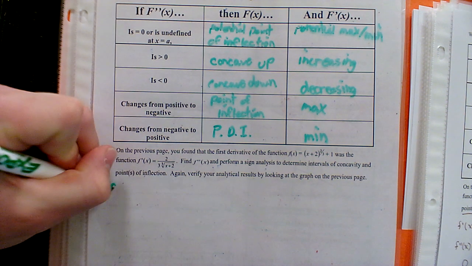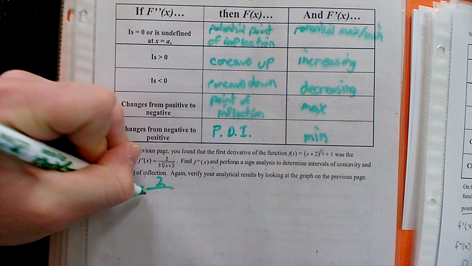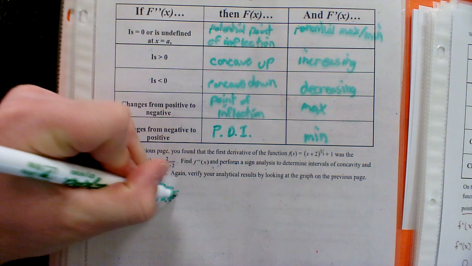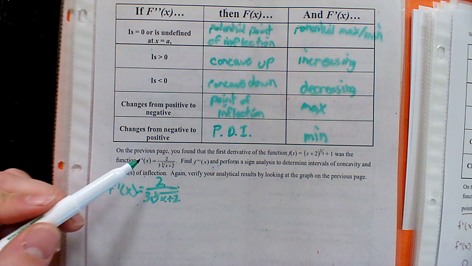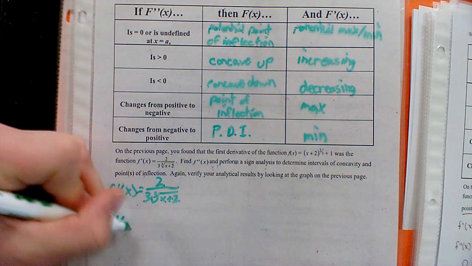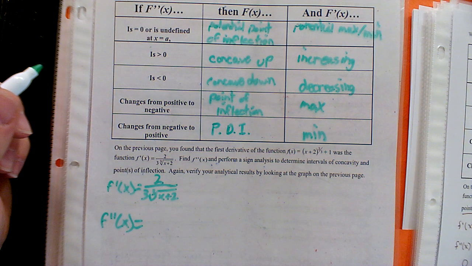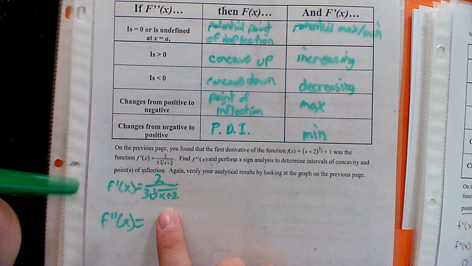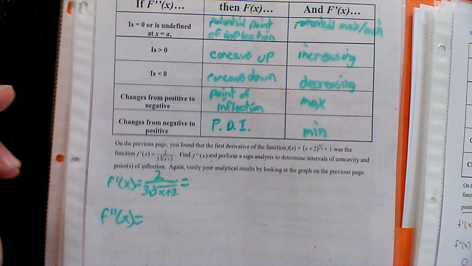Alright, so we have f prime of x, and they give it to us. It's 2 over 3 times the cubed root of x plus 2. That's what they had given us, and we actually found that yesterday. But we need to find the second derivative. Before we take the second derivative, we can make this look a little easier to use our rules. How can I maybe rewrite that?